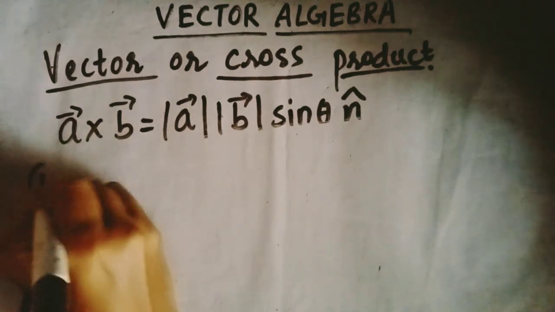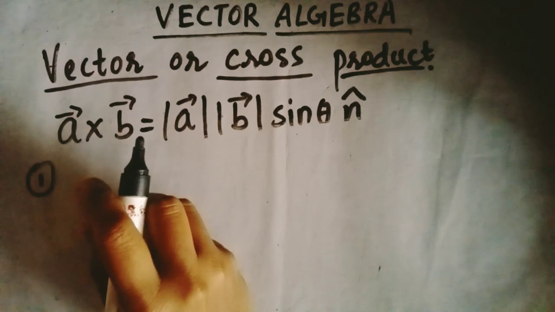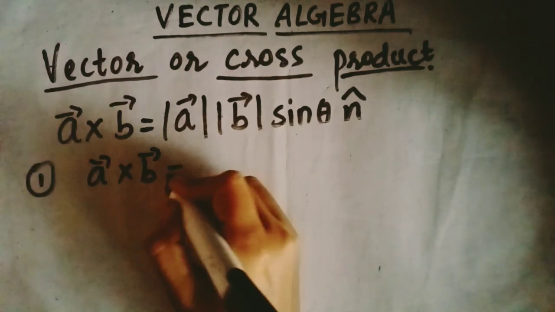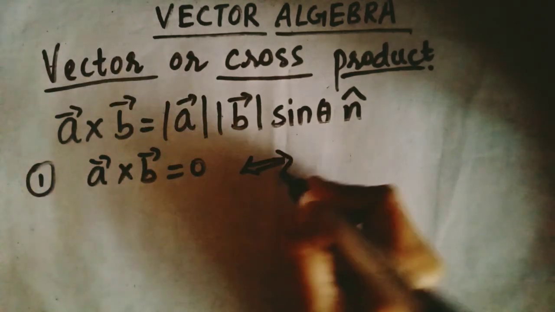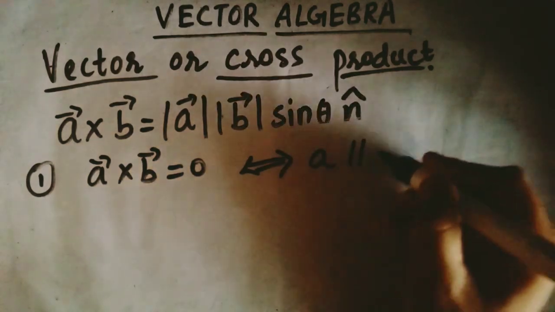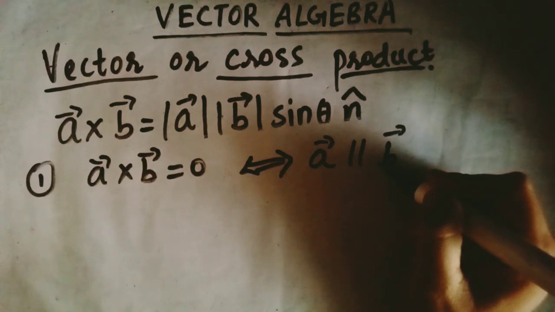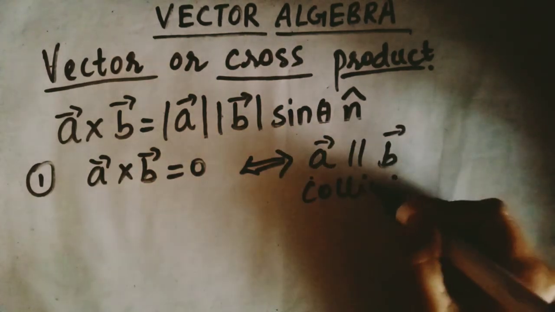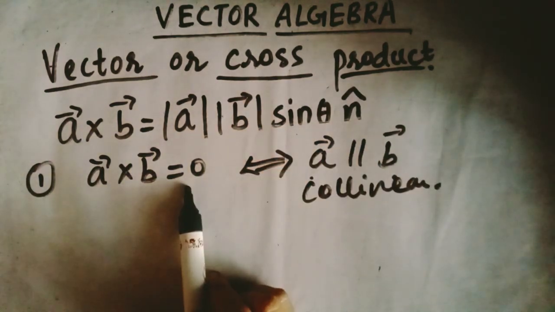Now there are certain conditions. A and B are two non-zero vectors, then A cross B is 0 if and only if A is parallel to B, or A and B are collinear. In this case, A cross B is 0.